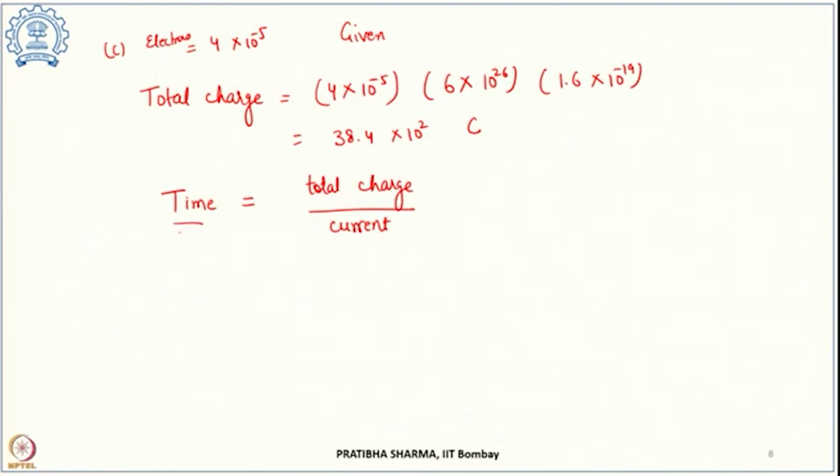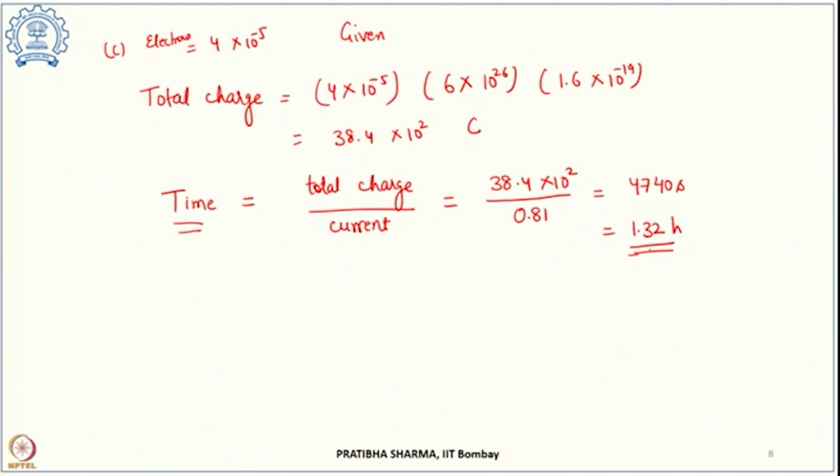From there we can find out the time, and this is 38.4 into 10 raised to power 2 coulombs, and the current we have found in the first part of this problem as 0.81 amperes, and that makes it 4740 seconds, or converting it into hours, 1.32 hours.